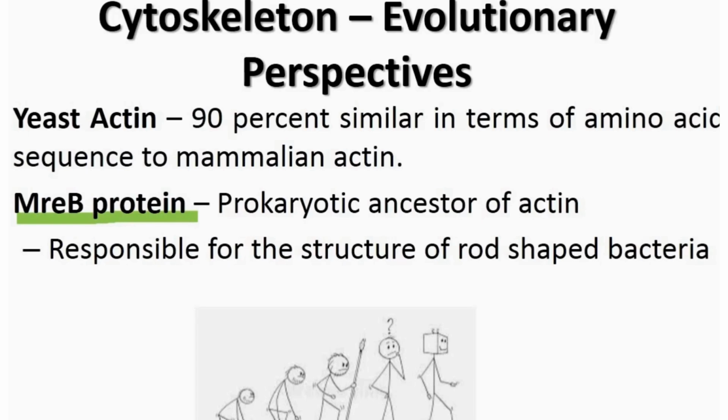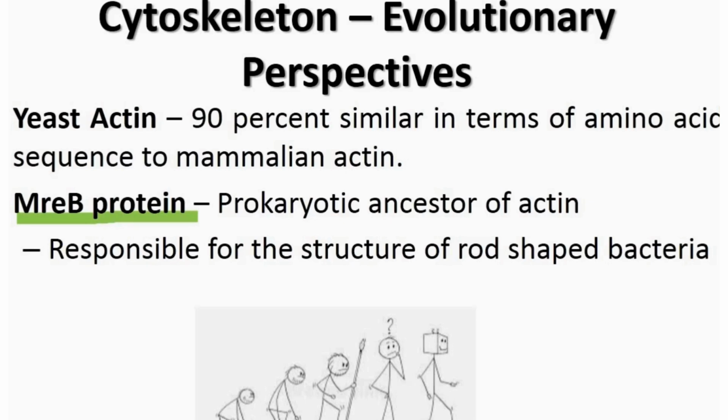What I essentially want to emphasize from this slide is that don't be under the impression that cytoskeleton, especially actin, is just limited to the higher organisms. If you go deep down the phylogenetic lineage, you have MreB protein as the prokaryotic ancestor of actin.